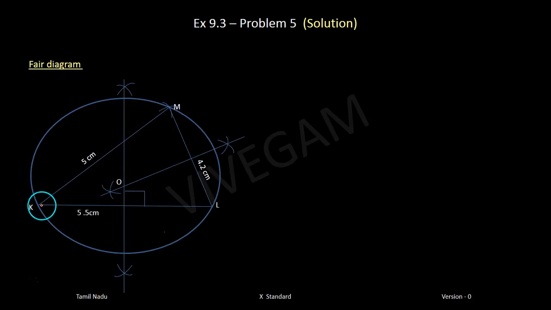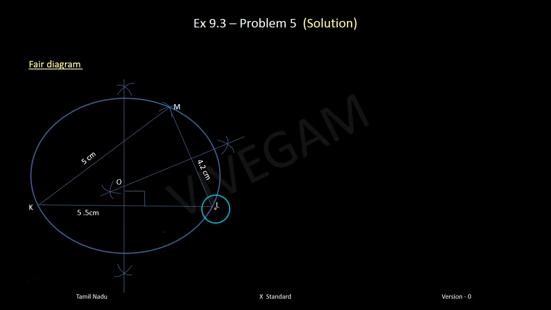Now for the quadrilateral KLMN, K is known, L is known, M is known, and N is only missing. And N has to be on the circle because it is a cyclic quadrilateral. Now they have given what as the fourth measurement? They have given LN equal to 5.3 centimeters. So if N is here, this distance is 5.3.